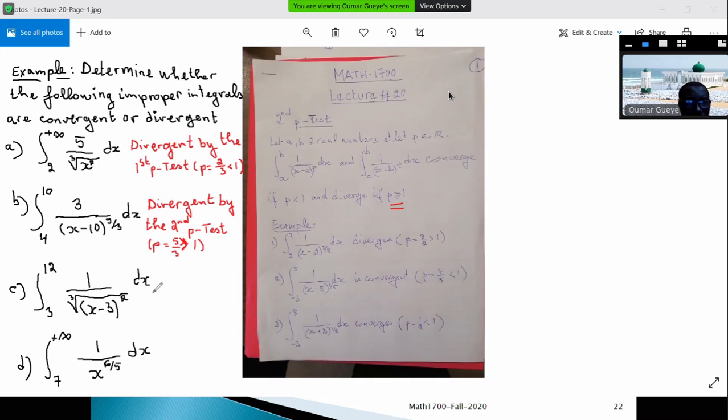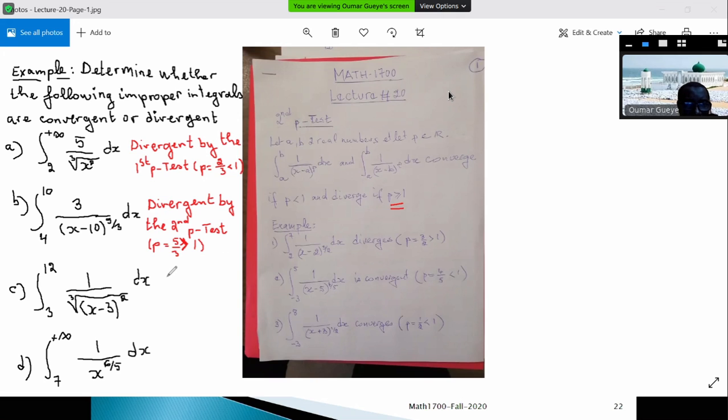And what about the third case? Convergent. Convergent because p equals, what is the value of p? 2/3. It satisfies this condition, less than 1. Second p-test, because we have the second type of improper integral. It is similar to this one when you substitute p by 2/3.